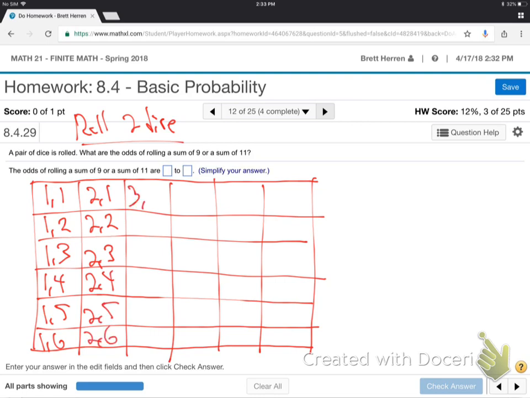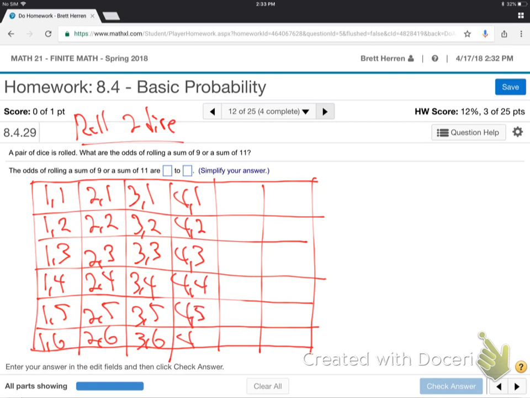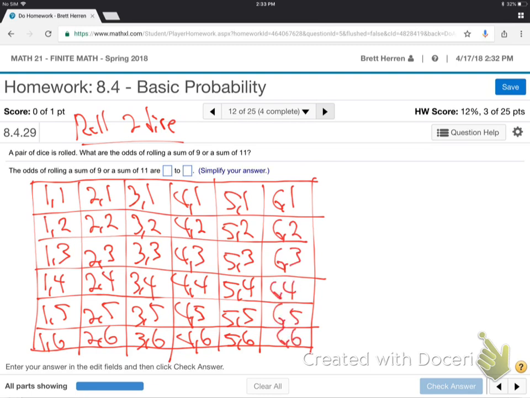I'm going to do the whole thing. 3,1 through 3,6; 4,1 through 4,6; 5,1 through 5,6; 6,1 through 6,6. There's everything that can happen when you roll 2 dice, right? 36 different results. So whenever they say roll 2 dice, use that.